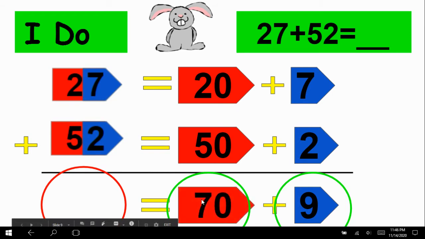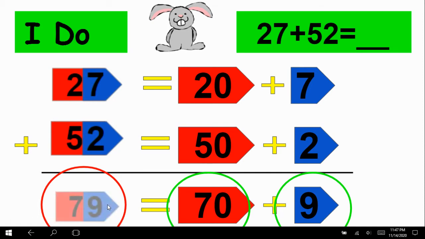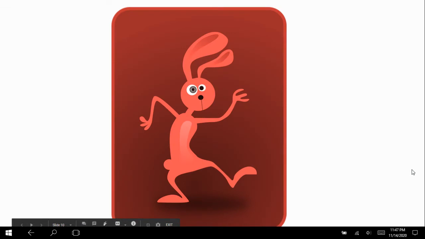I could also just say 50 and count by 10: 60, 70. Now I'm going to find my sum. Something is equal to 70 plus 9. I could push those numbers together and see that that would be 79. Woohoo!